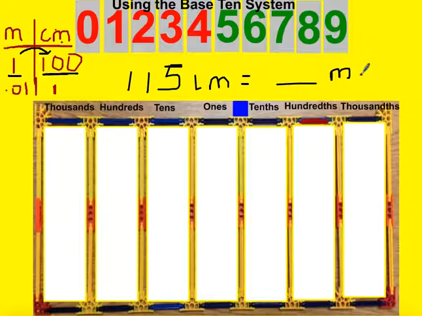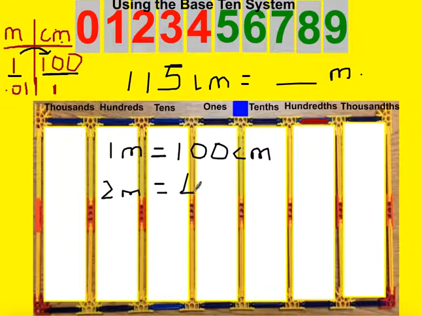If we know that 1 meter is 100 centimeters, we know that 2 meters is 200 centimeters. You have to make sure your answer is logical here. 115 centimeters is going to be more than 1 meter. But not that much more.